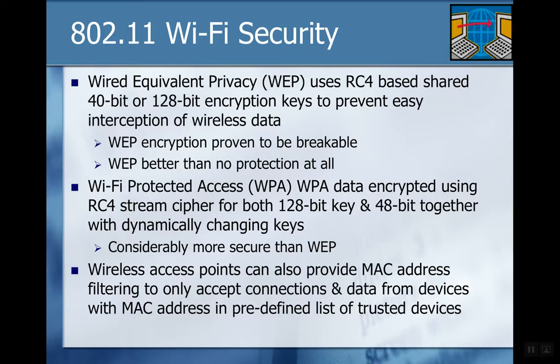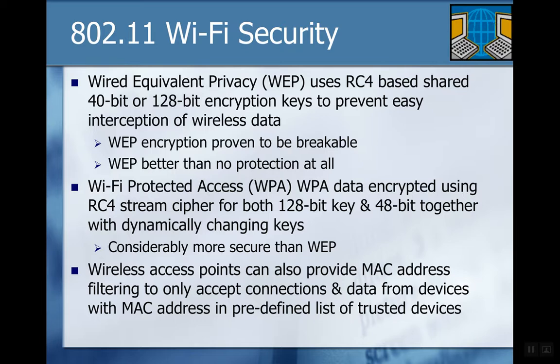A couple of things that were originally there. WEP, the original Wired Equivalent Privacy protocol, was the first wireless protocol. It was determined to be breakable. As we say here, it's better than no protection at all, but it's not really adequate. It's considered now not to be adequate protection.